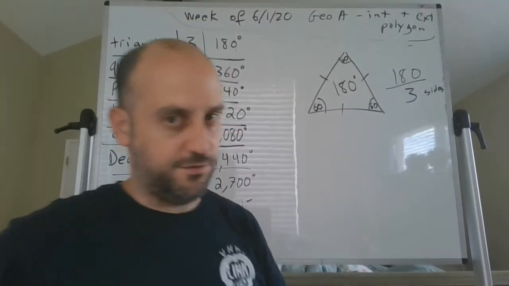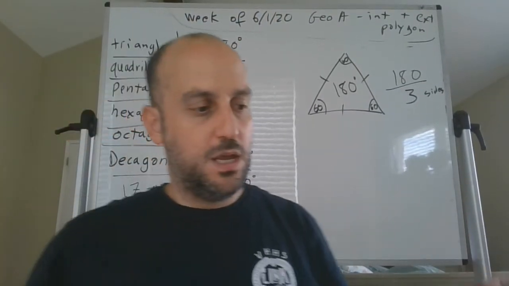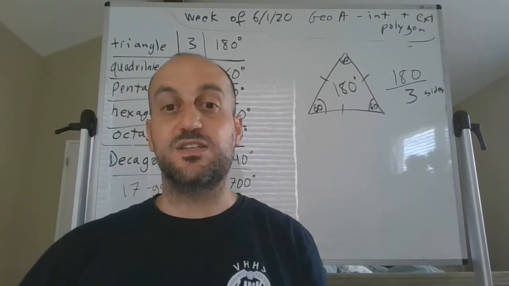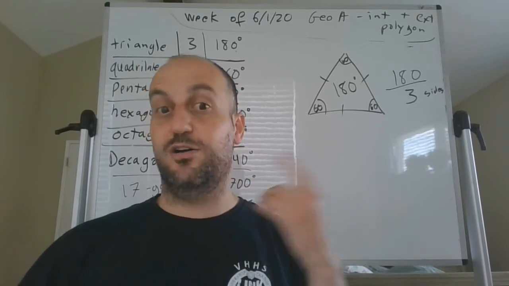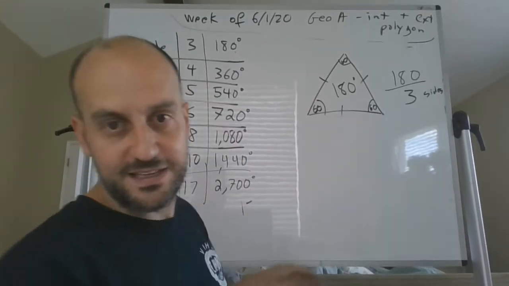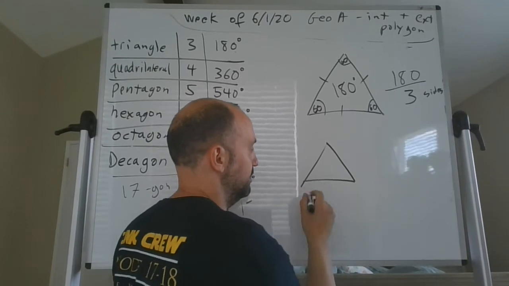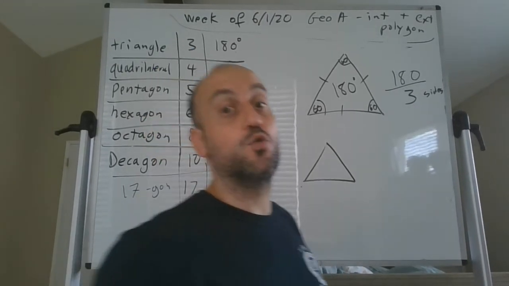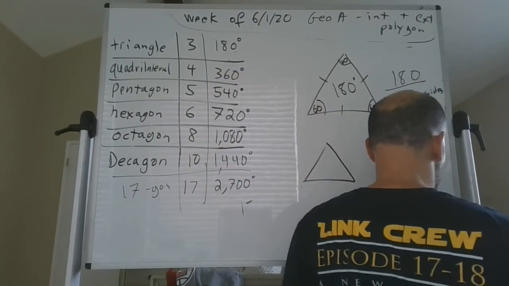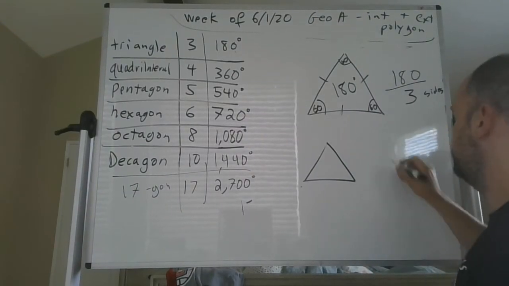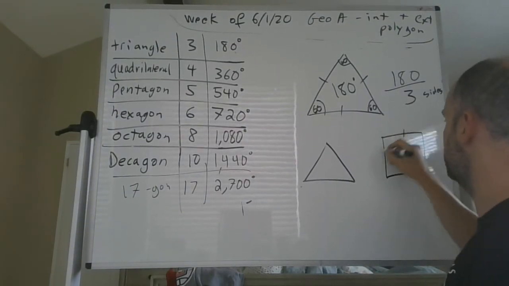Now, there's a word for this. Equilateral is one, but a more common word that we use is regular. So if I ask you to draw a regular triangle, you don't draw those fancy triangles, you draw an equilateral triangle. If I ask you to draw a regular quadrilateral, you basically draw a square.